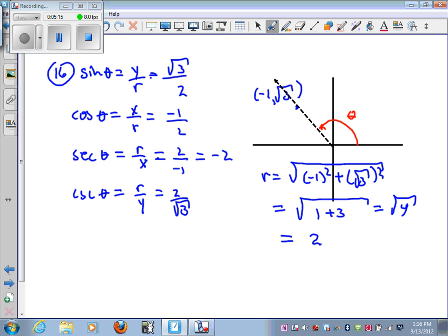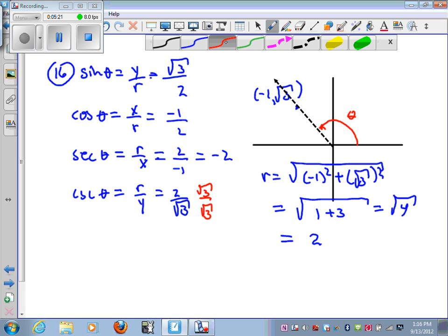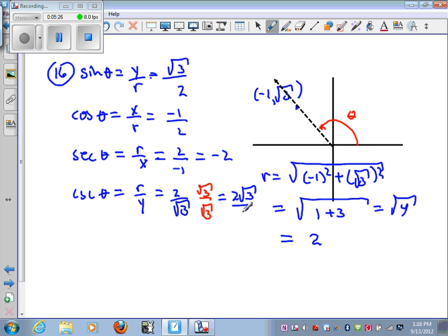Now we have to rationalize the denominator. Multiply by square root of 3 over the square root of 3, and that gives us 2 square root of 3 over 3. And tangent for the angle is y over x, so that's square root of 3 over negative 1, which is negative square root of 3.